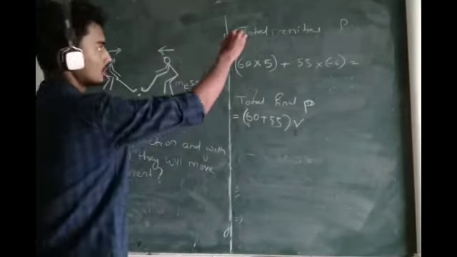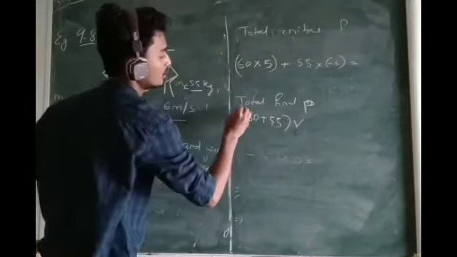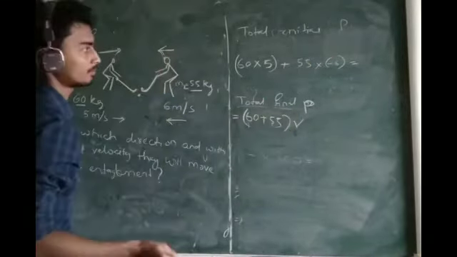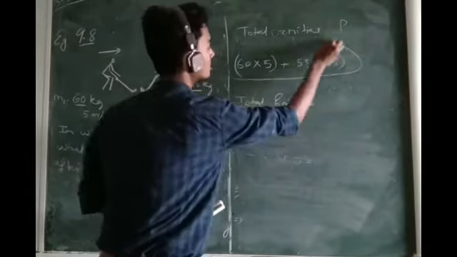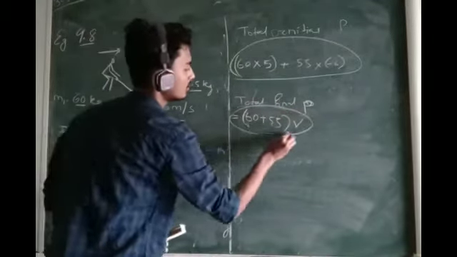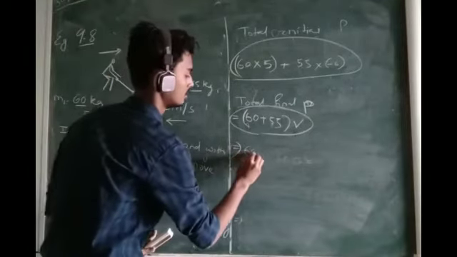So according to the conservation of momentum, this total initial momentum will be equal to the total final momentum. It means that this value will be equal to this value. So we have to calculate it now.